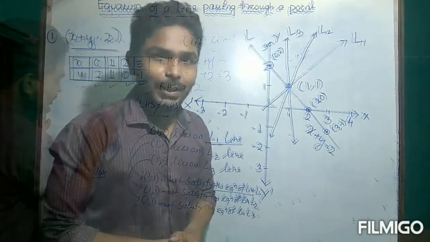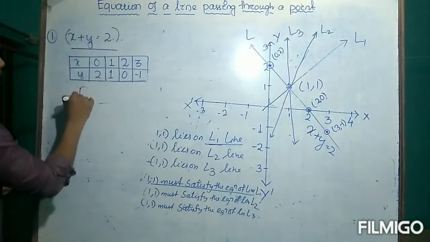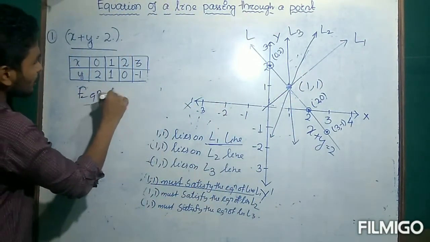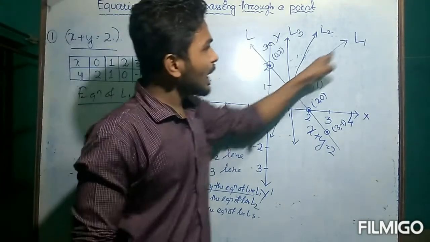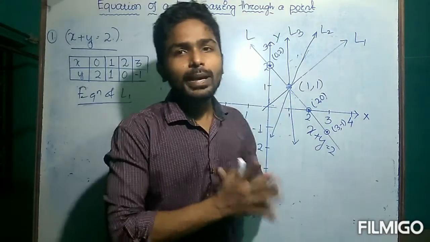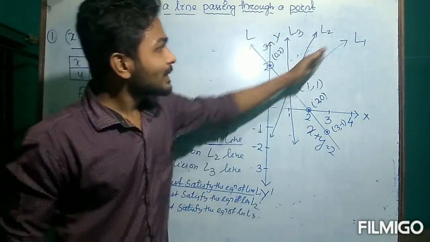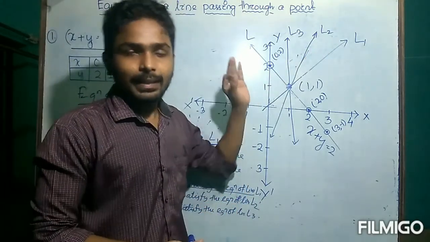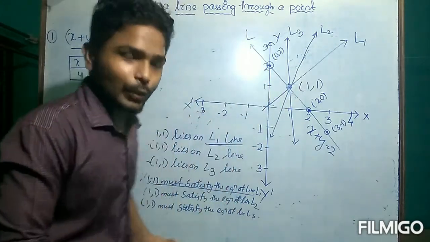Let us find the equation for the line L1. Okay, so here we are going to find the equation of the line L1. Since L1 is a straight line and we know a straight line always represents a linear equation in two variables.